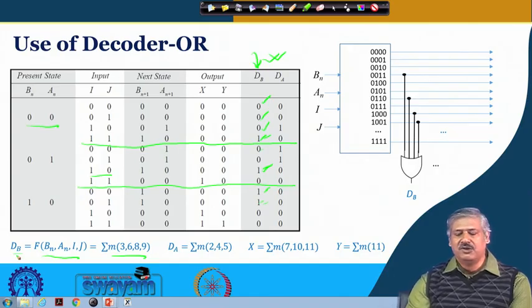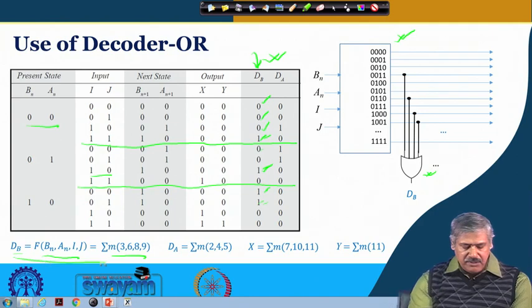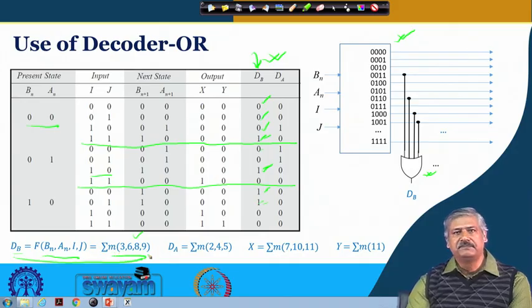So, this decoder is generating all the minterms, and we need to have a 4 input OR gate over here in the decoder-OR gate combination. So, this will be the function sigma m 3, 6, 8, 9, which is basically the design equation for dB. Similarly, for dA, if you just look at it, it is 2, 4, 5.